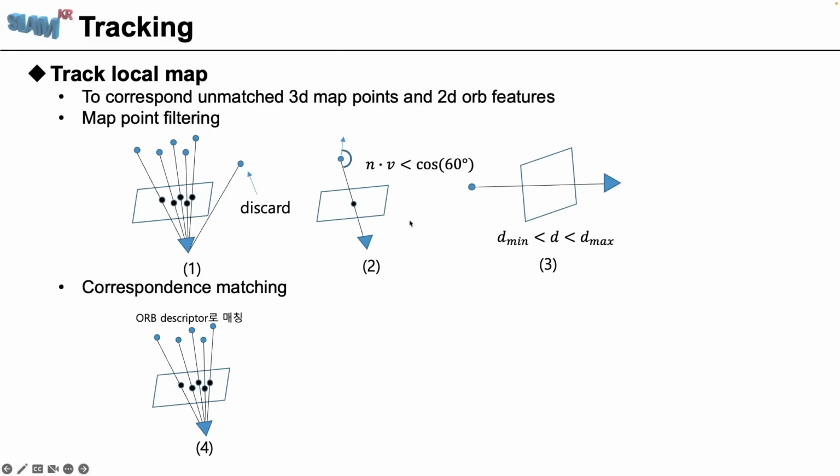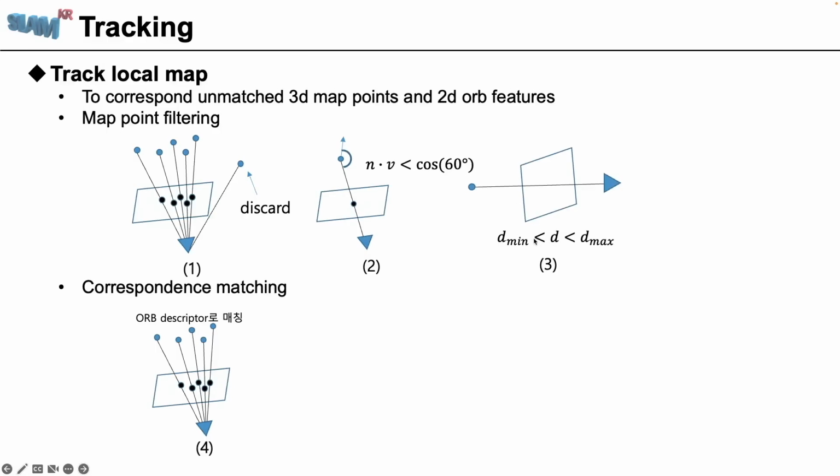Condition number 2: if the viewing direction vector of the map point has a big difference from the viewing direction of the camera, then we filter out this point. And condition number 3: if the map point is outside of the specific depth range or depth interval, then we remove it.